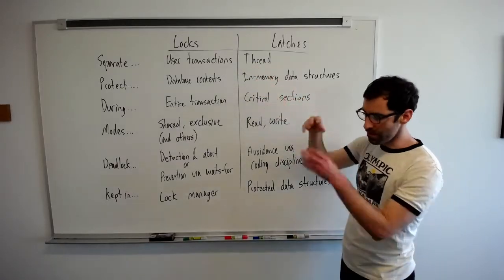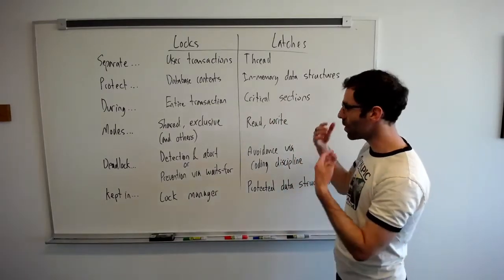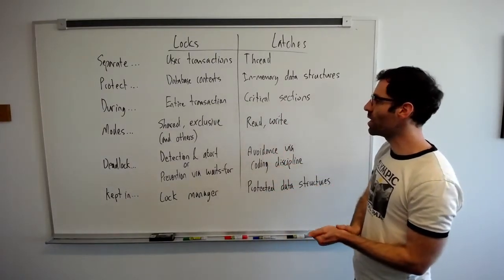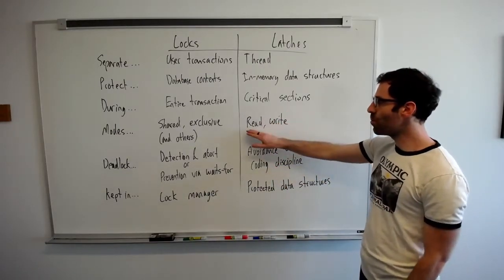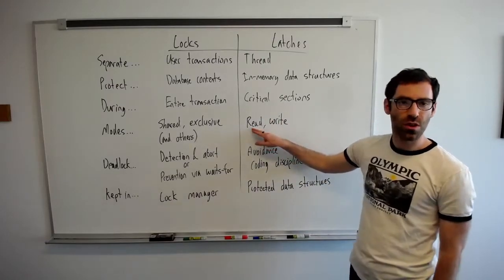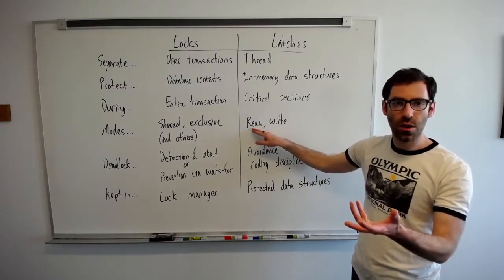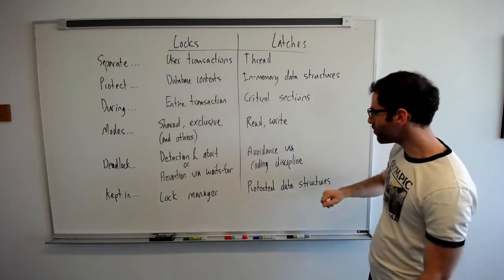We've held latches around critical sections, the parts of our code where we only want one thread to access at a time, and we've had latches with modes read and write, where we can have any number of threads hold the read mode of a particular latch, but only one hold the write mode.